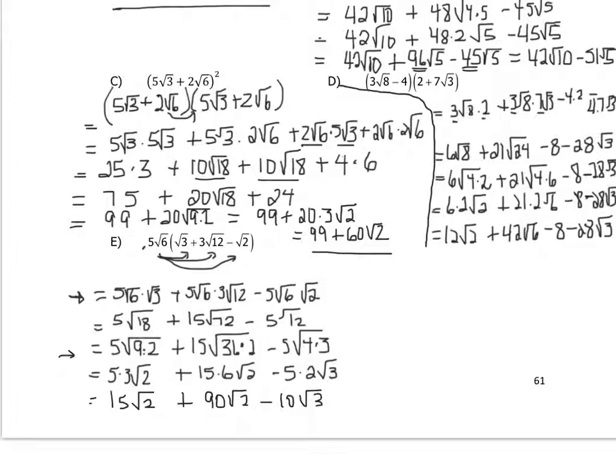And in this one, you do have 2 like radicals. Those are both √2s. So 15 plus 90 would be 105√2 minus your 10√3. And that would be your final answer, because the radicals are broken down as much as they can be, and there are no other like radicals that can go together.